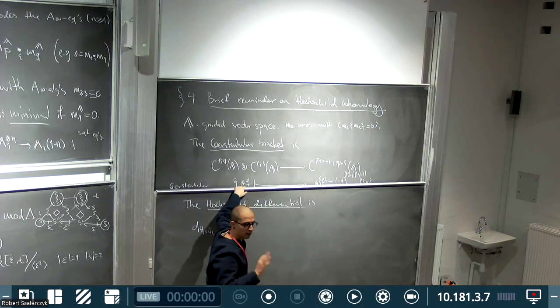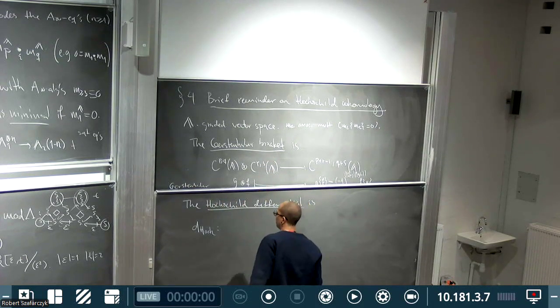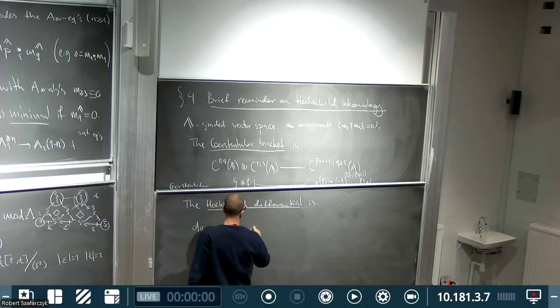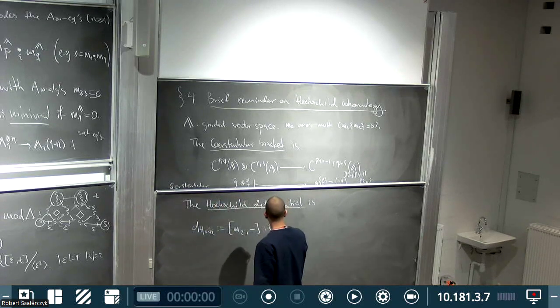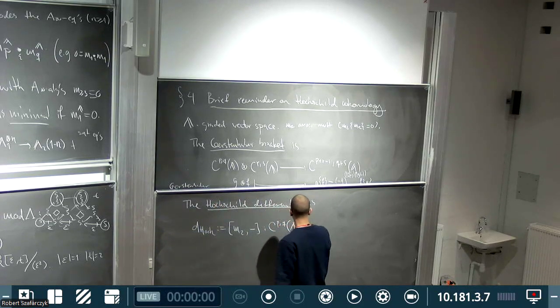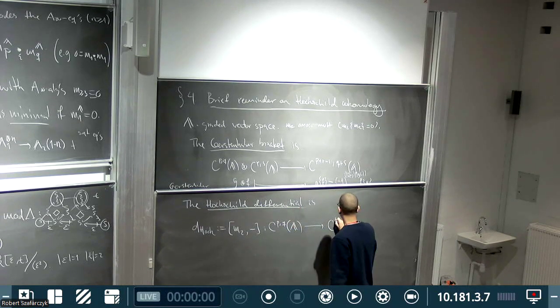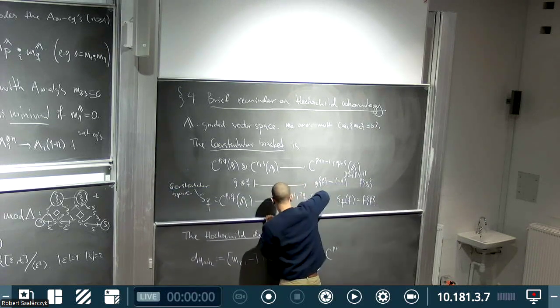As you see, I'm not making any mention of unitality. It's just a multiplication, but that's what I need. So I define this as the Gerstenhaber bracket with M2.